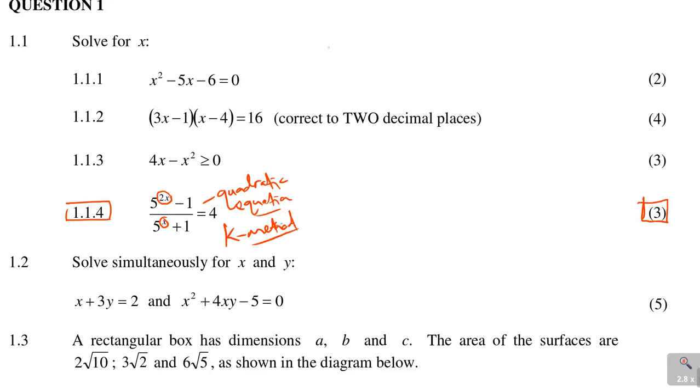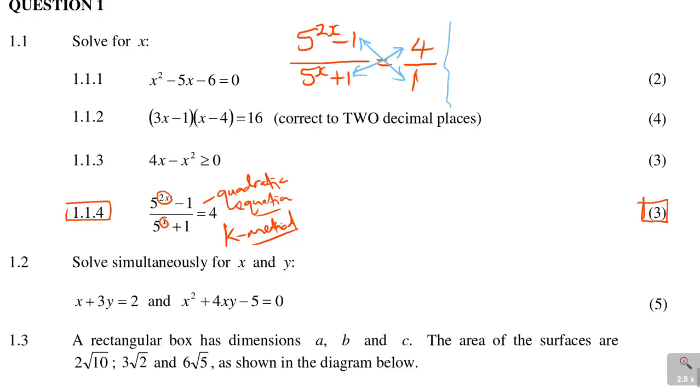So what you do, you take that, remember, 5 to the power 2x minus 1 over 5 to the power x plus 1 is equal to 4. You can say 4 over 1. So why am I doing that? Just want to cross multiply. The 1 multiplies the top, and the 4 multiplies the bottom.